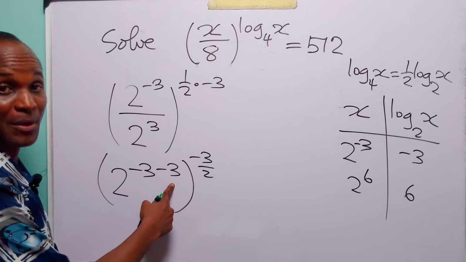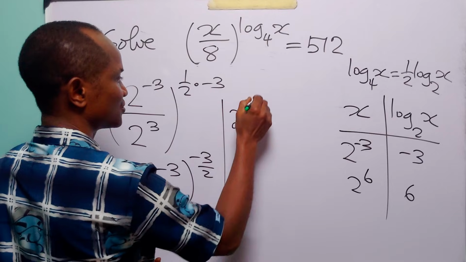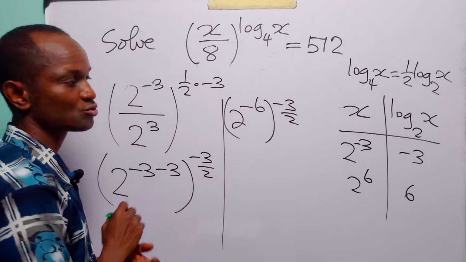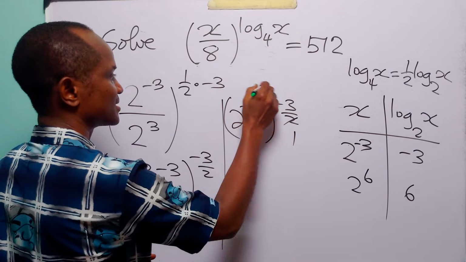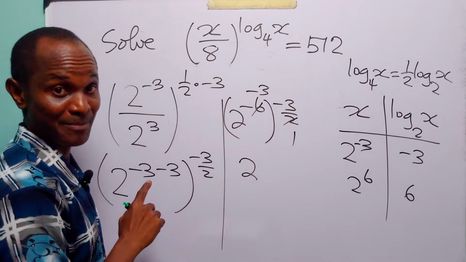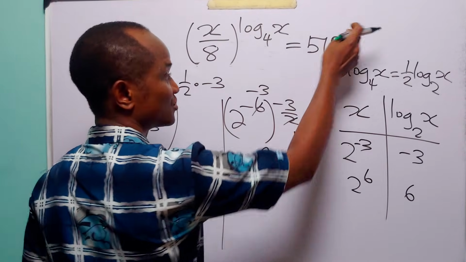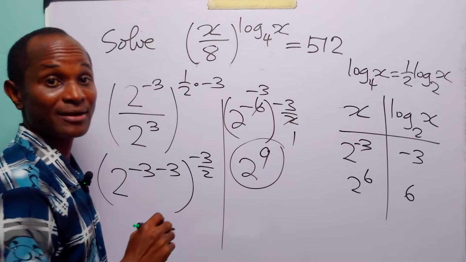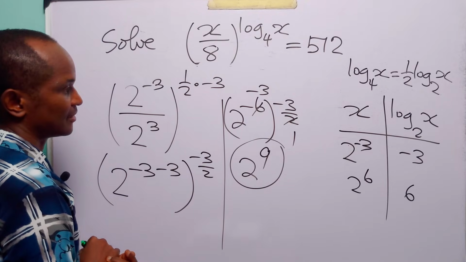Now, minus 3 is minus 6. So this is 2 to the power minus 6 to the power minus 3 over 2. 2 into itself is 1. Into minus 6 is minus 3. So this is 2 to the power minus 3 times minus 3, which is 9. And of course, you know that 512 is 2 to the power 9. So when x is 2 to the power minus 3, the left-hand side is equal to the right-hand side.